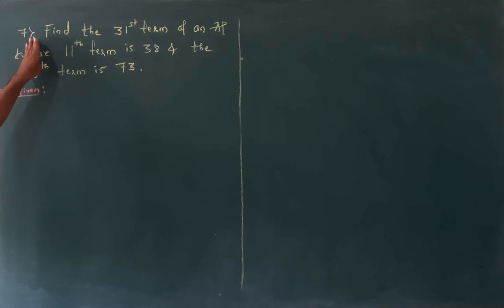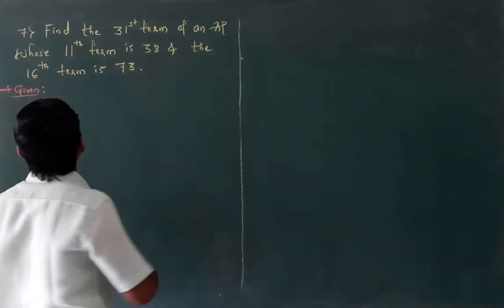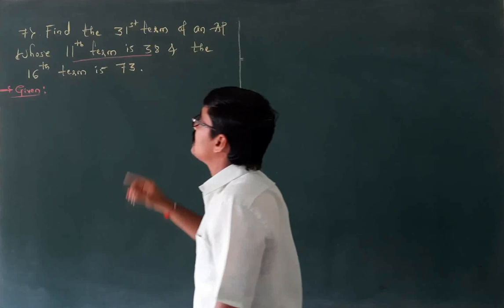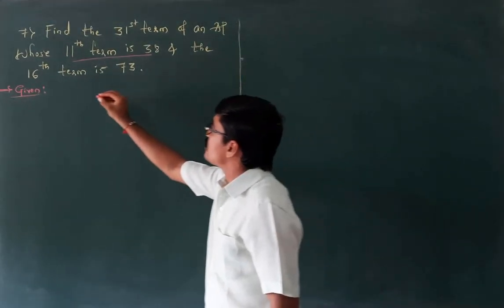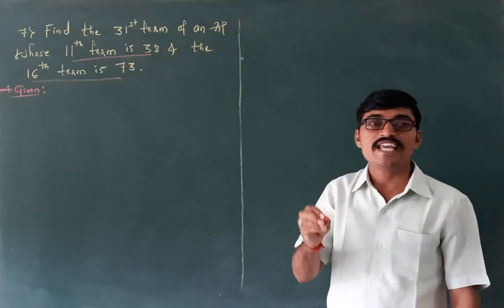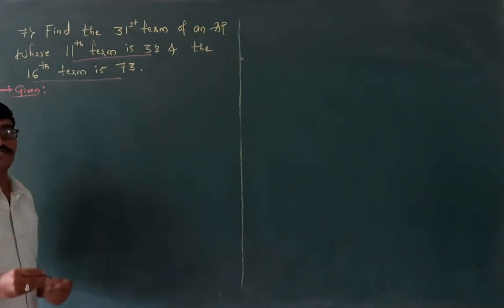Now, seventh question. Find the 31st term of an AP whose 11th term is 38 and the 16th term is 73. I will write the given things first.